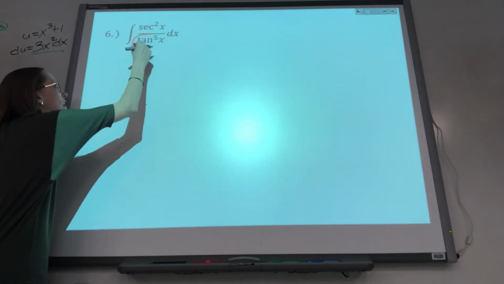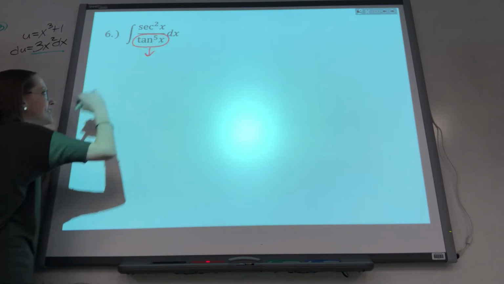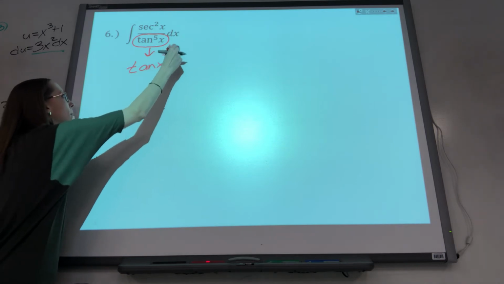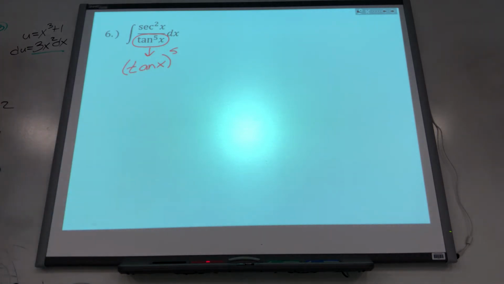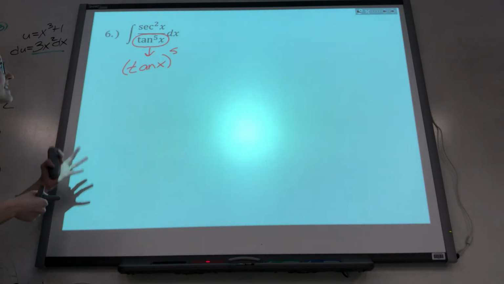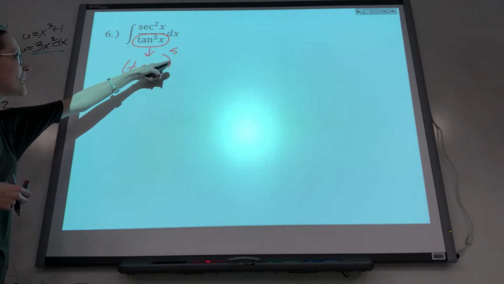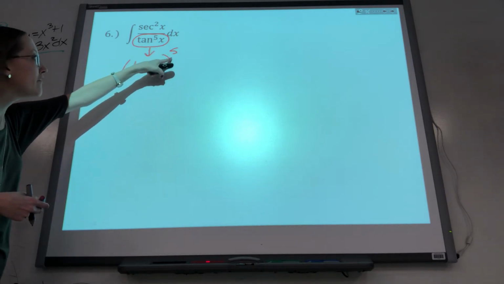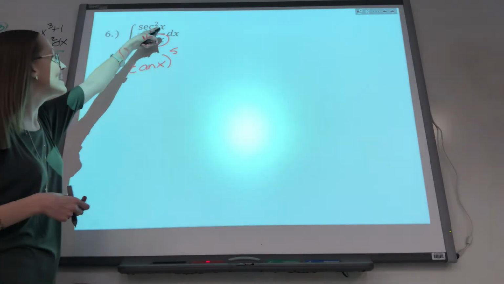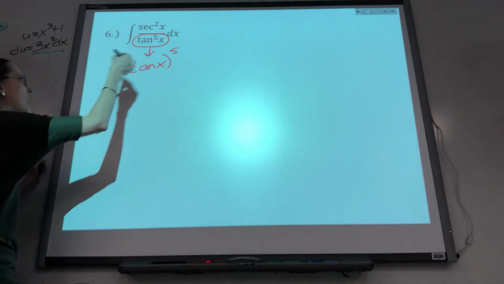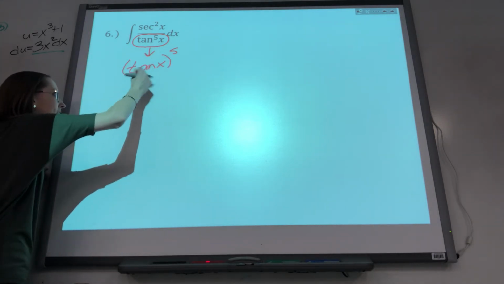We could actually turn that into tangent of x to the 5th power. You could rewrite tangent to the 5th of x as tangent of x to the 5th. That, in my opinion, is more complicated because it's to the 5th power and that is only to the 2nd power. And so that's kind of what's drawing me to this part.